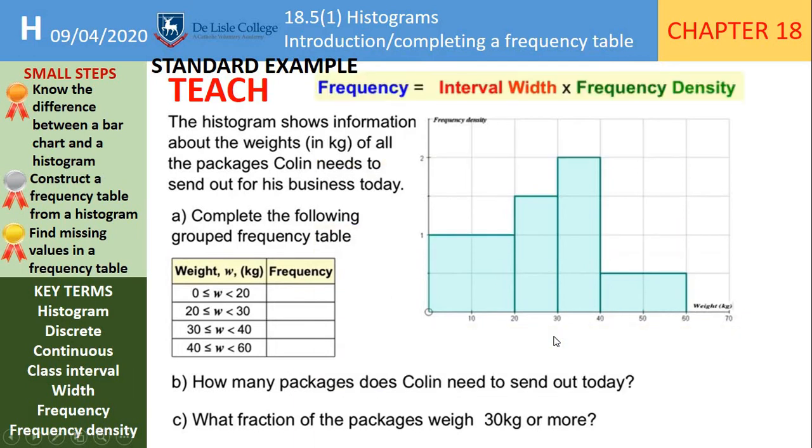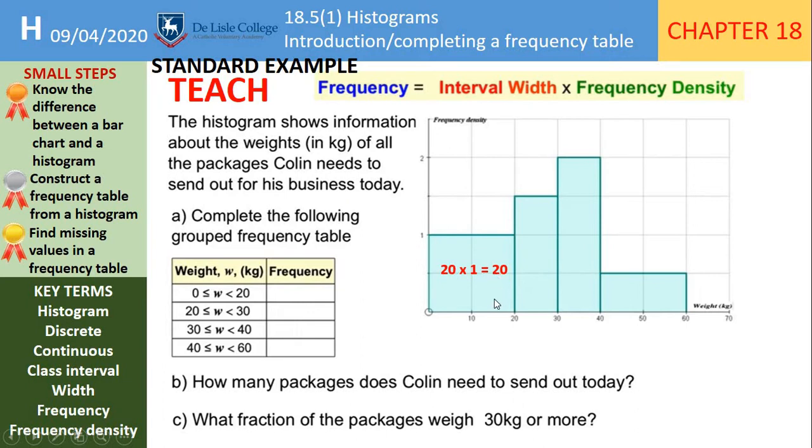So part A then. Remember, the frequency is given by the area of the bar, and this is the class or interval width multiplied by the frequency density. So for the first weights between 0 and 20, we would work out the frequency by doing the interval width of 20 multiplied by the frequency density of 1.